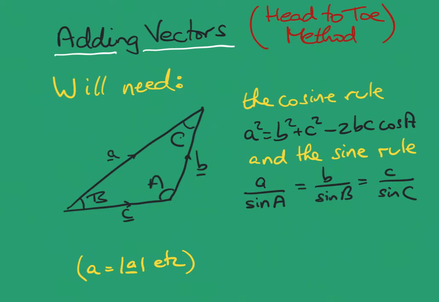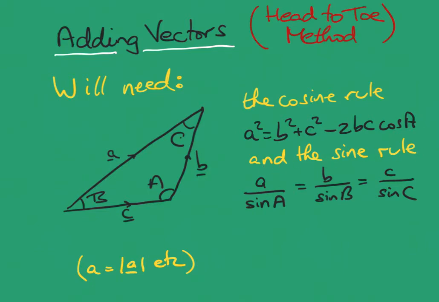That means that their magnitudes also have units of newtons. So here we have newtons squared, newtons squared, newtons squared, newtons times newtons, that's newtons squared, times a number. So all of the terms that are being added and subtracted have units of newtons squared.